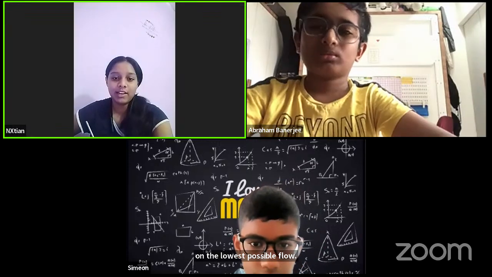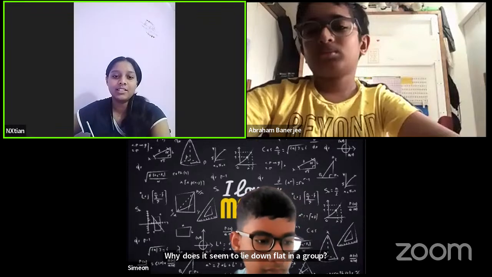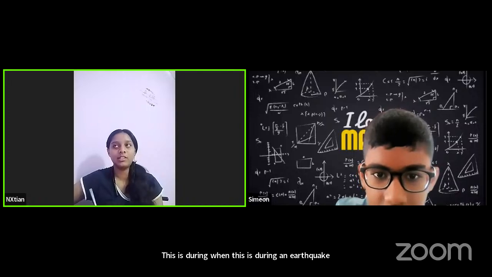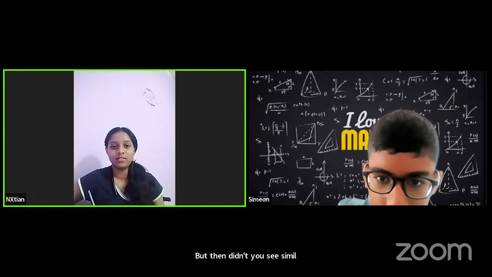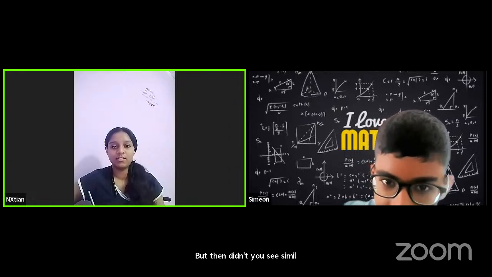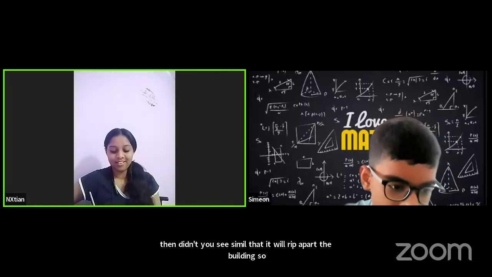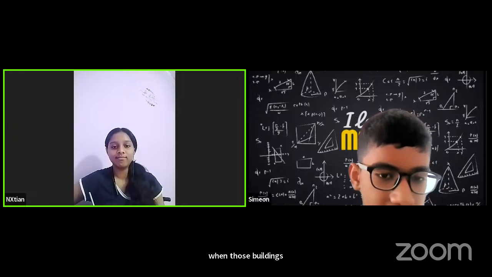Why does it say to lie down flat in a ditch? This is during an earthquake? This is during a tornado. Oh. But didn't you say that a tornado will rip apart the buildings? So how is it going to help if you stay? Unless they're tornado proof, like those types of buildings that have come up in Japan.